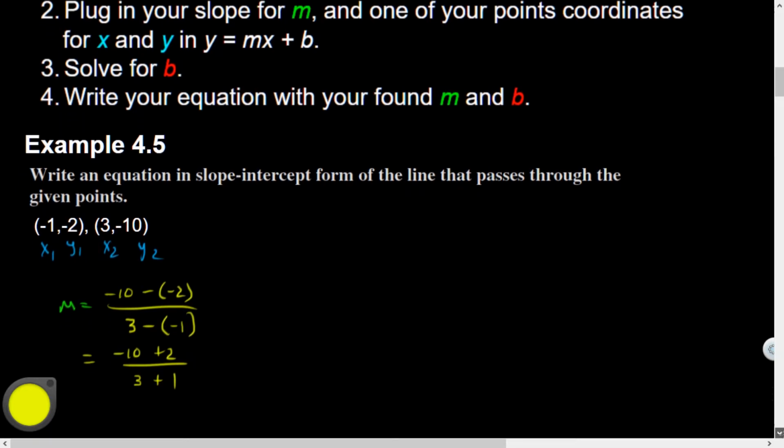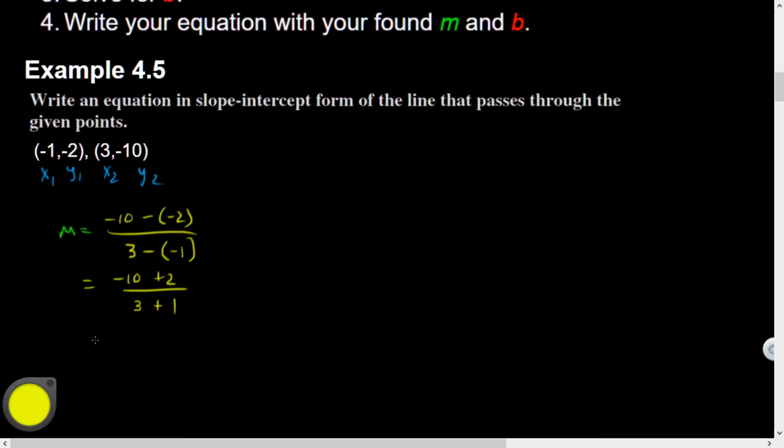What is negative 10 plus 2? Negative 8. Nice. Over 4. So I get m equals negative 2.